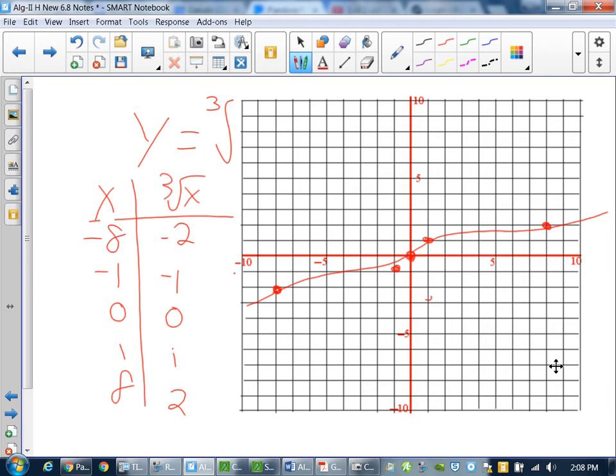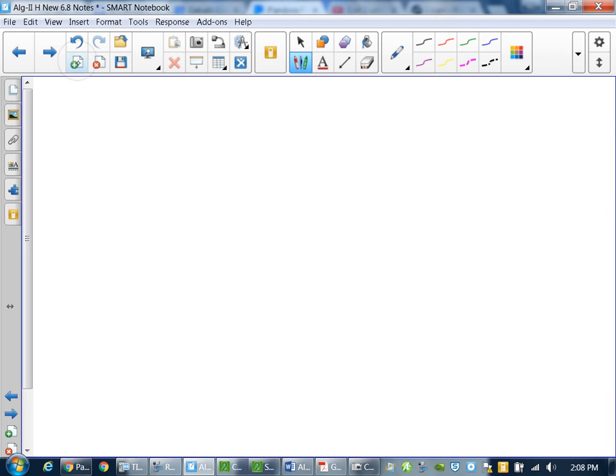Okay? So let me give you an example. Let's go with the graph y equals -3 times the cube root of x plus 4, all subtract 8.